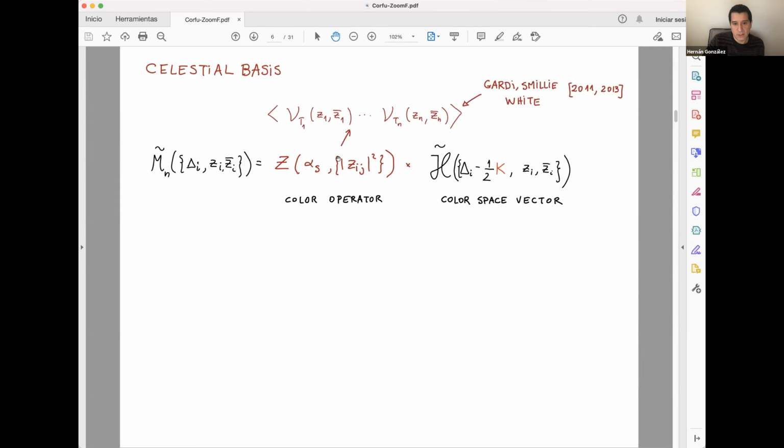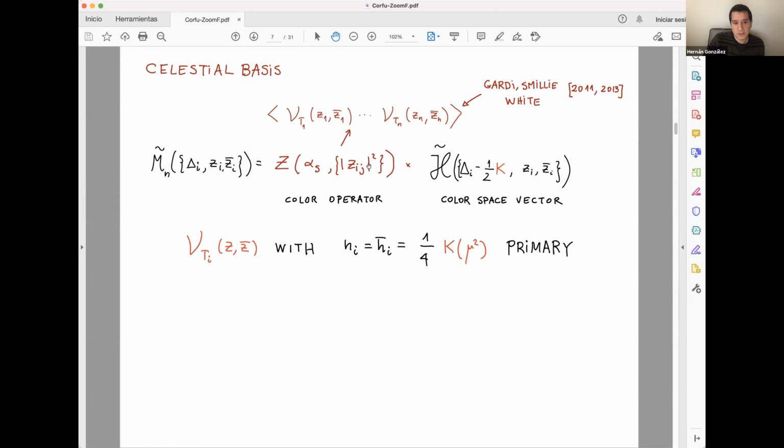Also very interestingly, this color operator can be written as a correlation function of Wilson lines. Here I quote the work by Gardi, Smillie, and White.